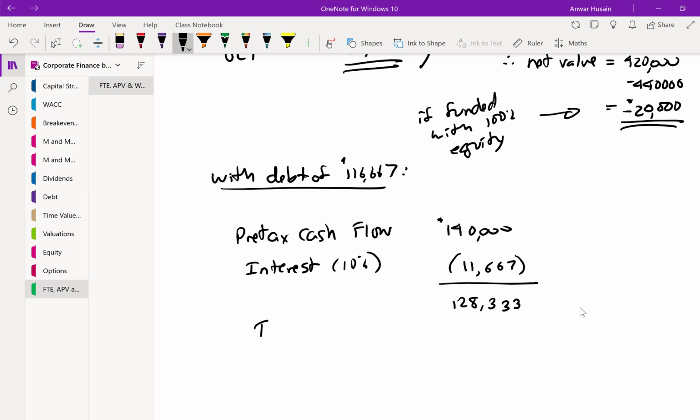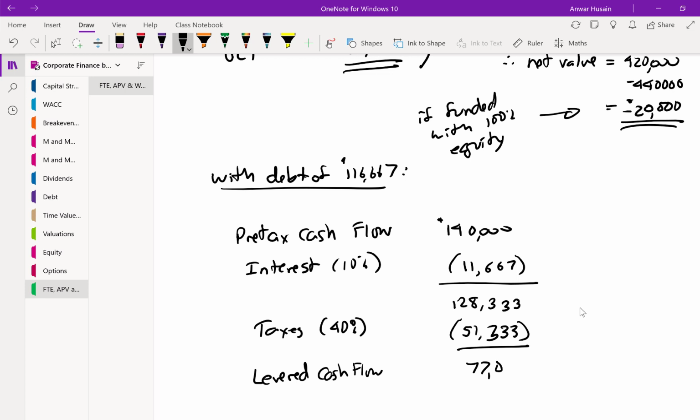And now we put taxes on that at 40%. So we end up with taxes of 51,333. And now our levered cash flow is 77,000.